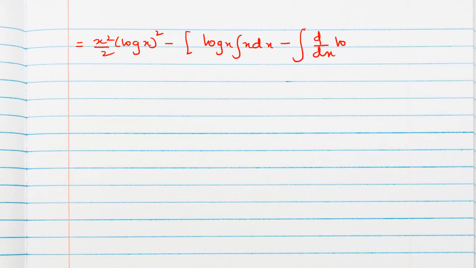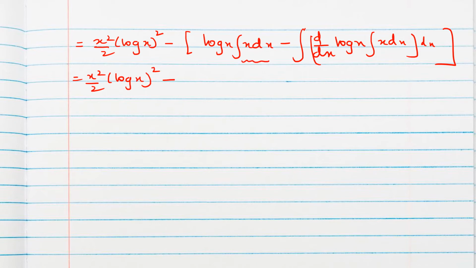The last previous step was x²/2 (log x)² minus, bracket, log x integral x dx minus the integral of d/dx of log x times integral x dx, then the complete integration, then the bracket closes. So here x²/2 (log x)².